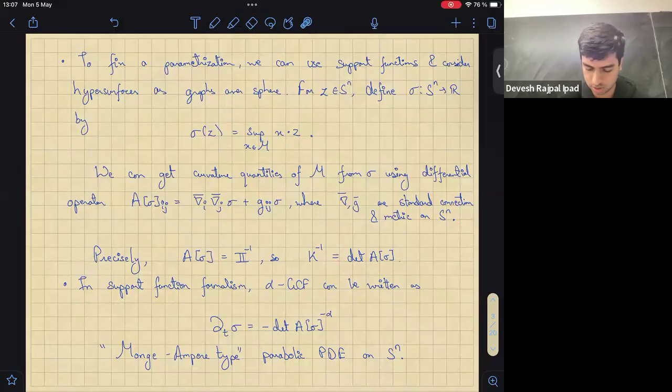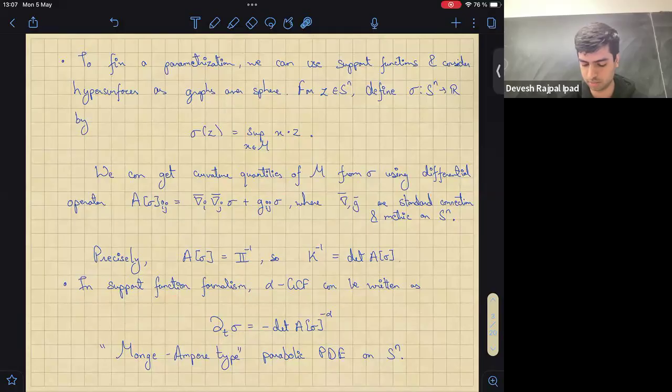And we can also write Gauss curvature flow in the support function formalism, which will be: the partial derivative of sigma is equal to minus the determinant of A sigma raised to minus alpha.